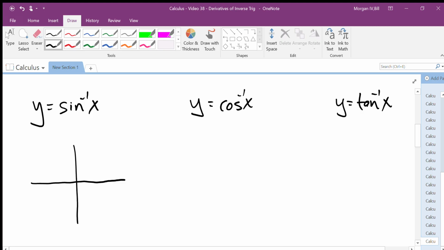When you're doing the inverse functions, basically the x and y axes are flipping from the original function. So instead of going from -1 to 1 on the y-axis, we go from -1 to 1 on the x-axis. And on the y-axis, we have things like negative pi over 2, 0, pi over 2, pi. That's all we really need for this part.